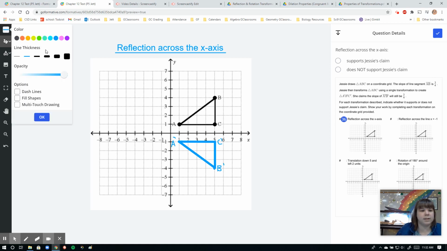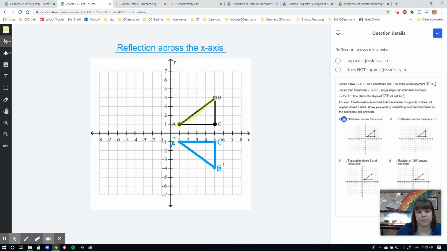So what this person is saying is that if you look at segment AB, so it means they're looking at this thing right here, they're saying that the slope is 3/4, which it is. You rise 3, you run 4. But they're claiming that the slope of A prime B prime is the same. So we need to find the slope of A prime B prime.